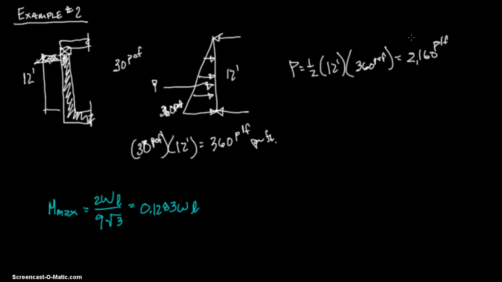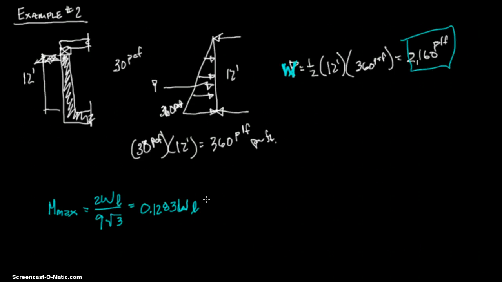W is this number right here, and maybe that's confusing. Let's make this W. That's a big W. If you go in your steelbook, you can see there's the big W and then there's the little w. The big W is your equivalent load, and the little w is your distributed load.